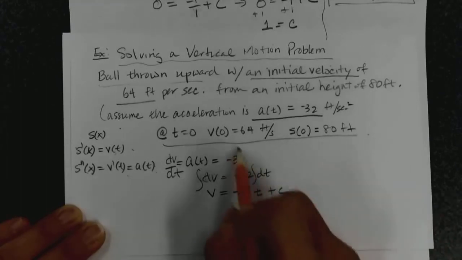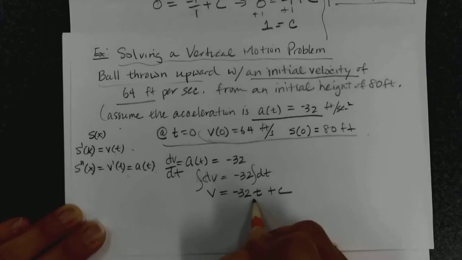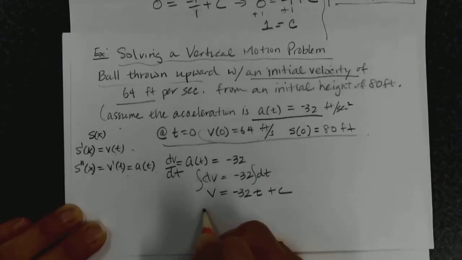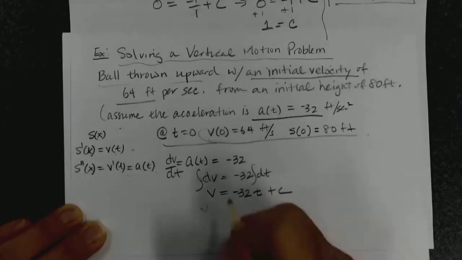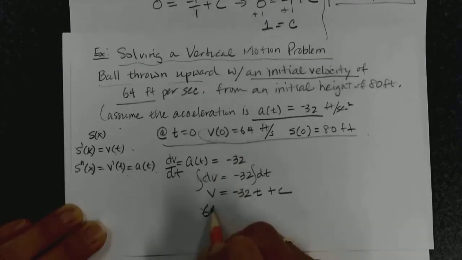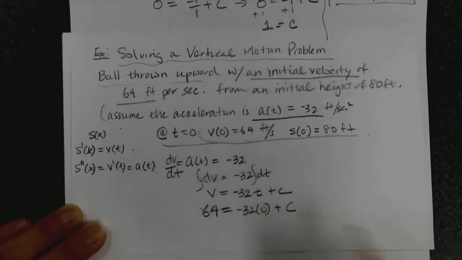Well, the initial velocity is here, so at t equals 0, the velocity is 64, so I can say that v of 0, which is 64, is equal to negative 32 times 0 plus c.